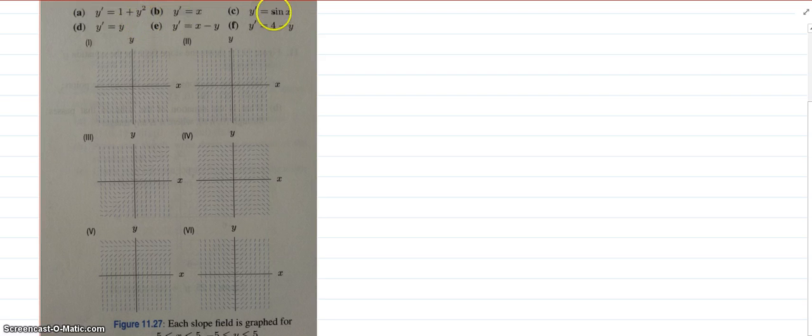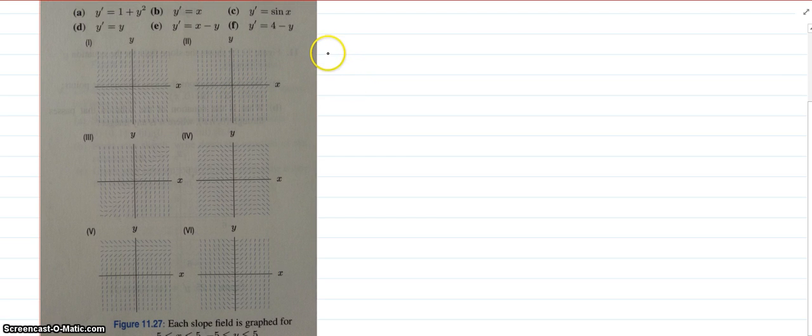So they gave us six options of equations and 6 graphs right here. As you can see, they're all different. They have multiple tiny lines with different slopes.